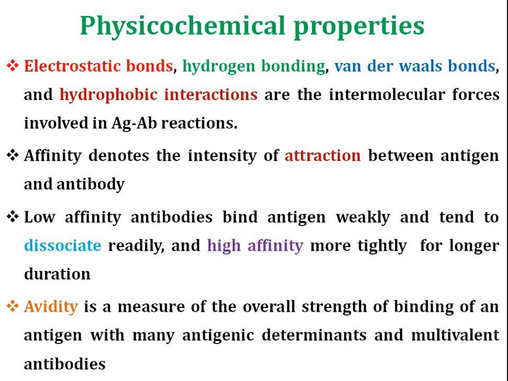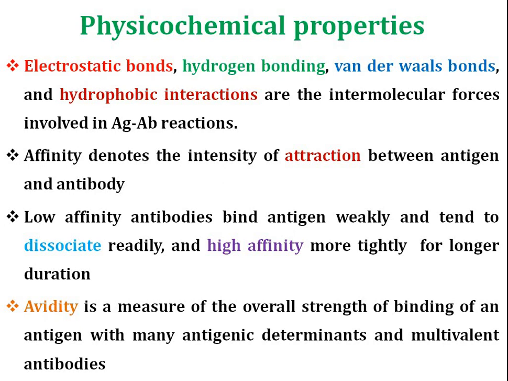Affinity denotes the intensity of attraction between the antigen and antibody complex. Low affinity antibodies bind antigen weakly and tend to dissociate readily. High affinity reactions bind more tightly and for longer duration.